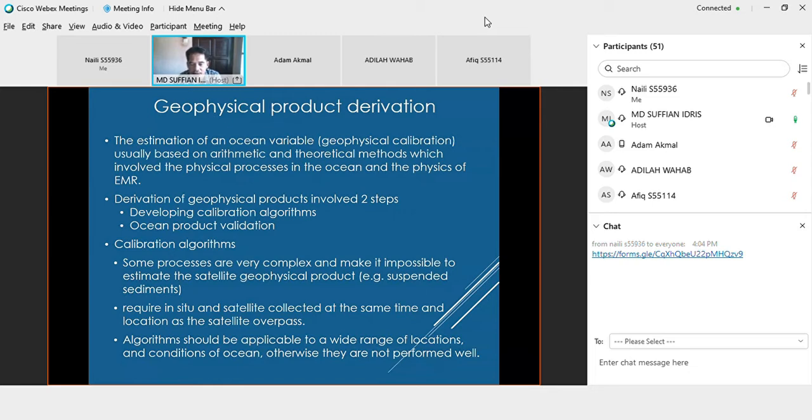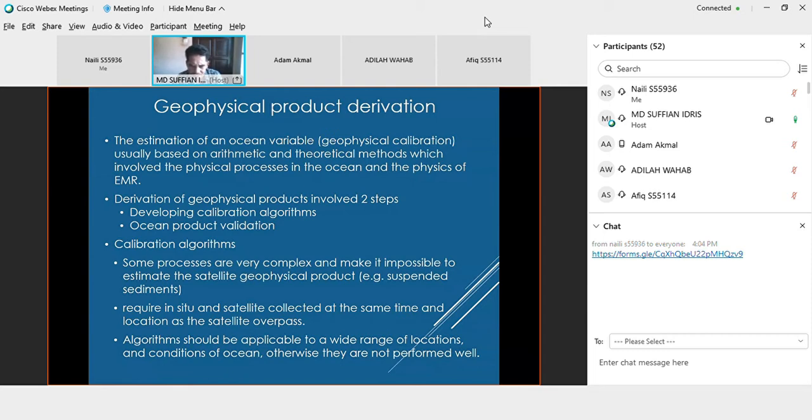So you collect data, katakan suspended particulate matter, and then try to relate with reflectance. That means you tengok dia punya relationship between reflectance and suspended particulate matter.